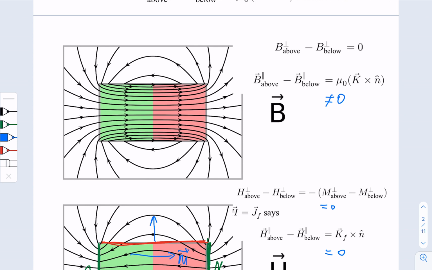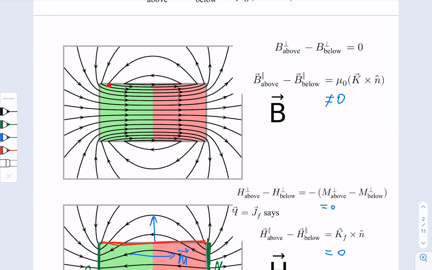Now if we check this plot here, for this magnetic field, inside in the perpendicular direction, the change is zero. If you project the field line over here to the perpendicular direction, there is something pointing into this surface.